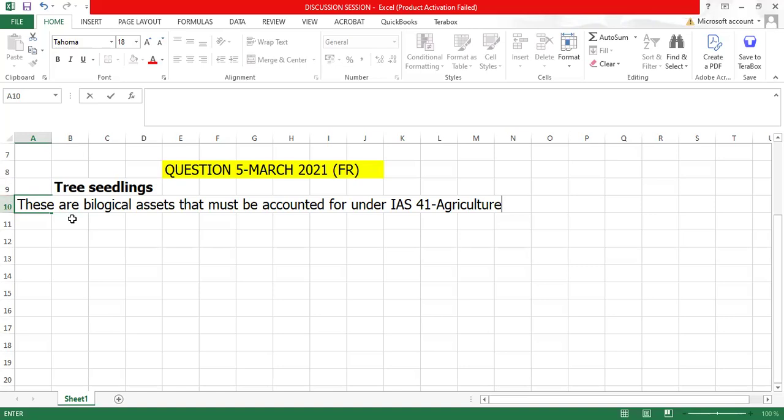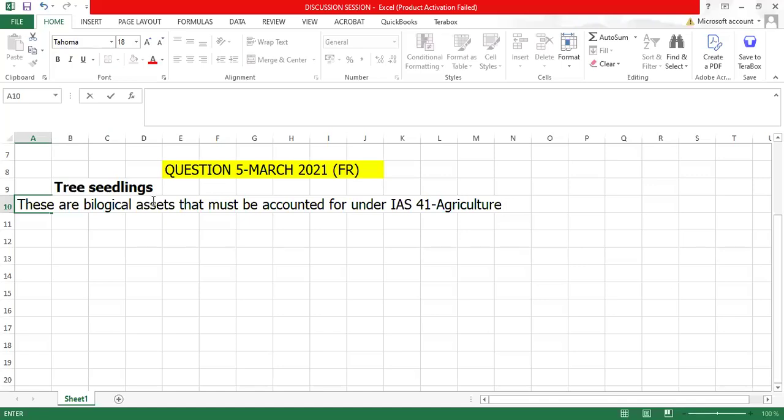Remember, biological assets, this standard requires us to initially and subsequently measure the biological asset at fair value less point of sale costs.